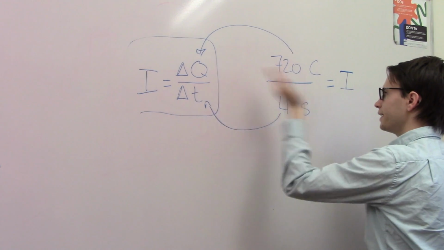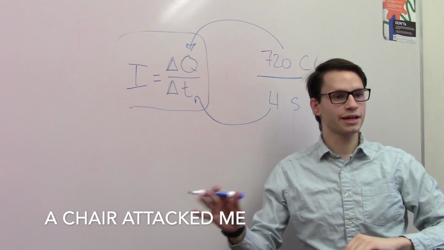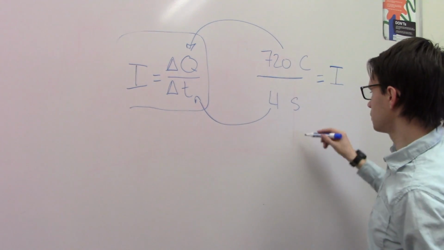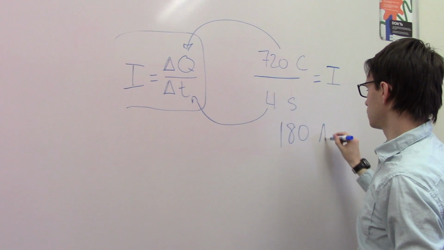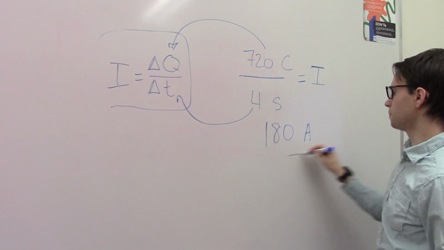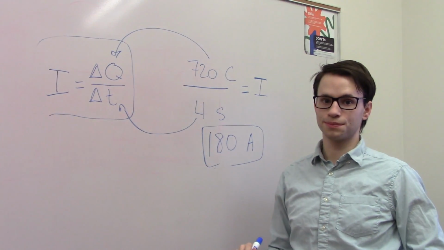That divided by that gives us our I, which is what we're looking for, and that comes out to about 180 amps, which is a measurement of current.